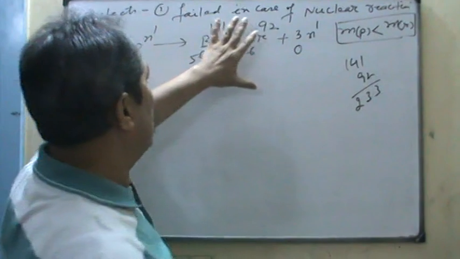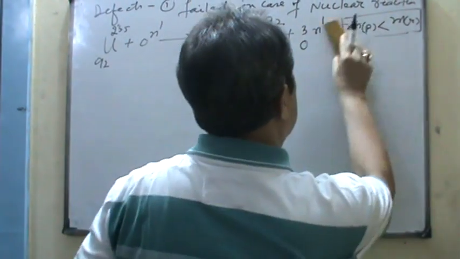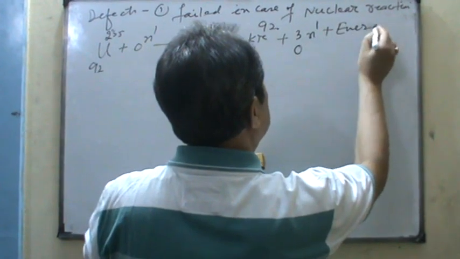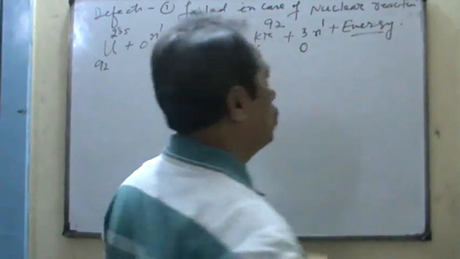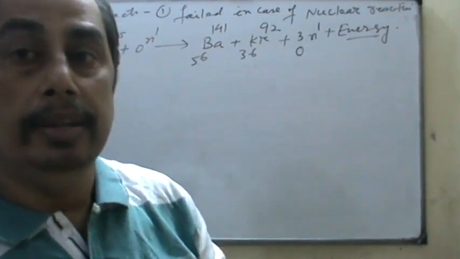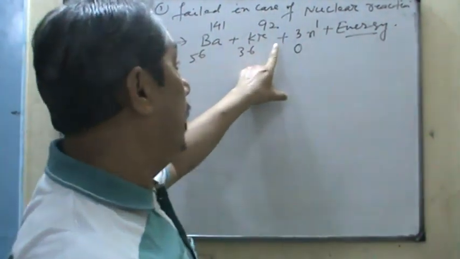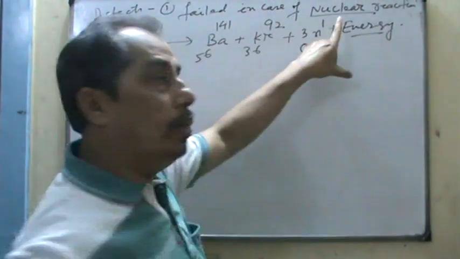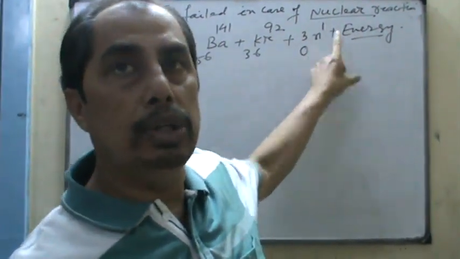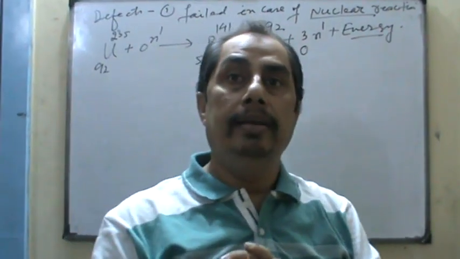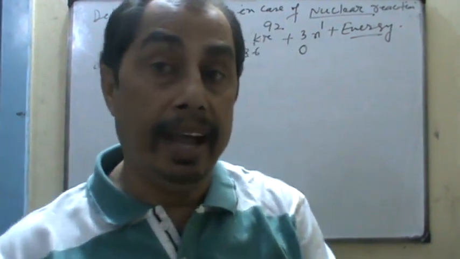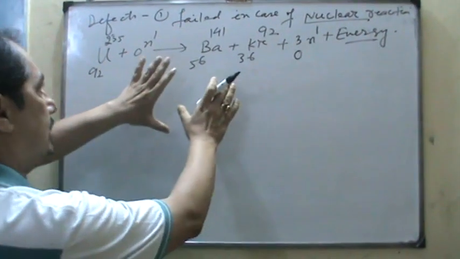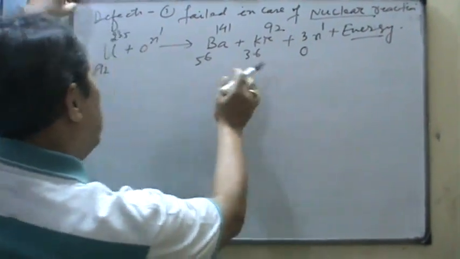So the mass of the products is always lesser than the mass of the reactants, and in addition, a tremendous amount of energy is released. Therefore, this law has shortcomings in the nuclear reaction, where it is known as mass defect. Many more reactions can be put here to prove that this law has some failures.